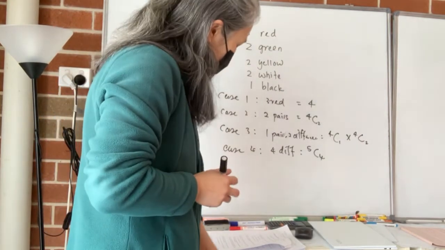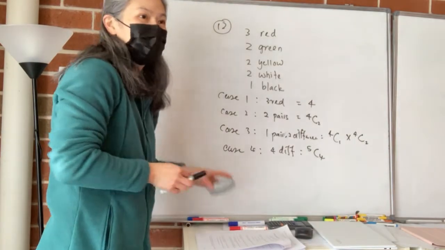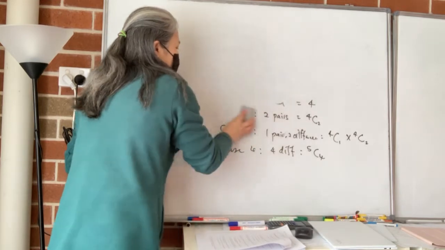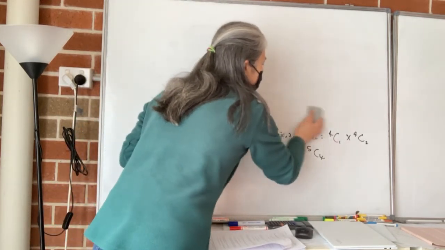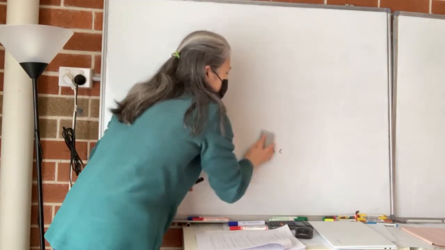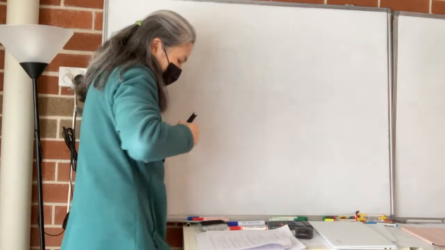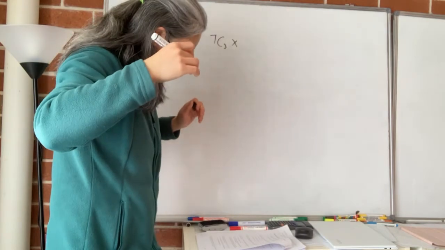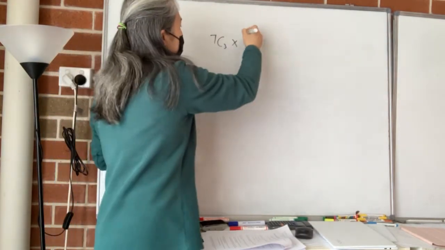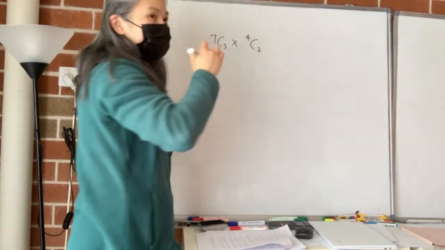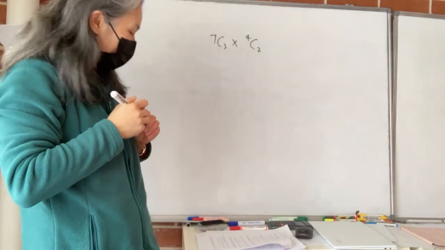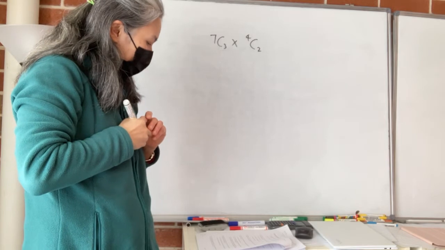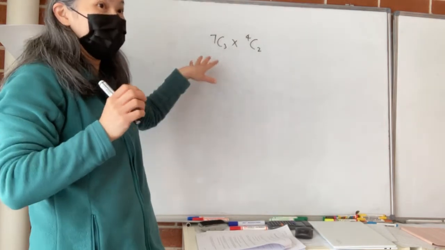Okay, what will you do with the 13? Could you just do 7C3? Yes, yes, I like that. 7C3. And then, 4C2? Yes, yes, and then, you already have, how many words can you make out here?